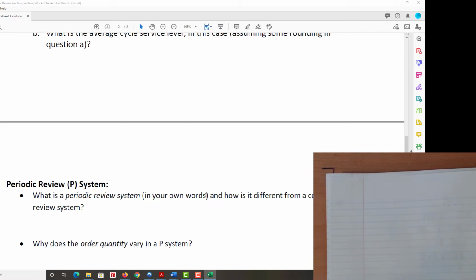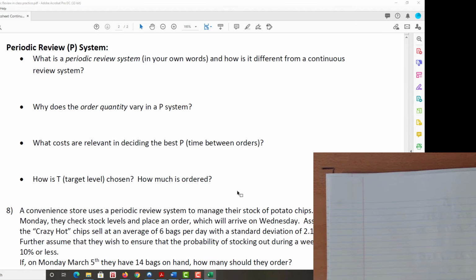Continuing on with our themes, let's talk a little bit about the periodic review system. How is it different from a continuous review system? That's all definitional. Look it up, and you can see how it differs. The two biggest questions are the how much and the when, right? So think about that.